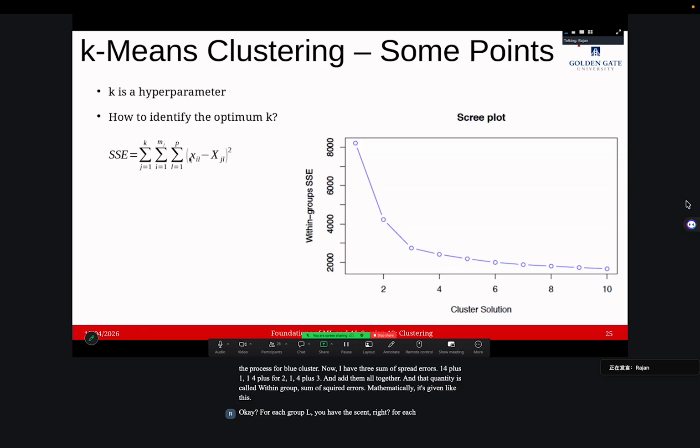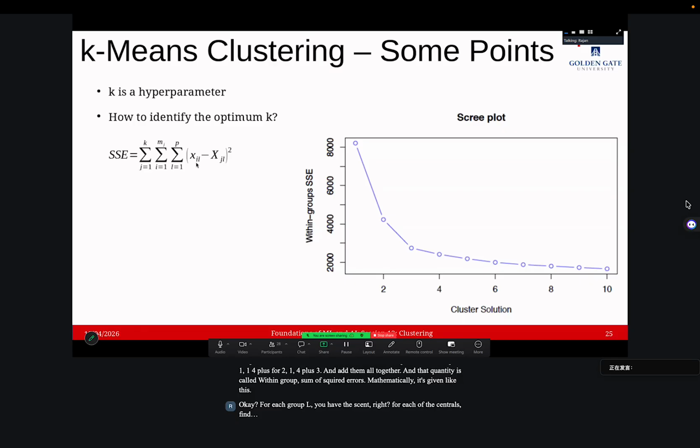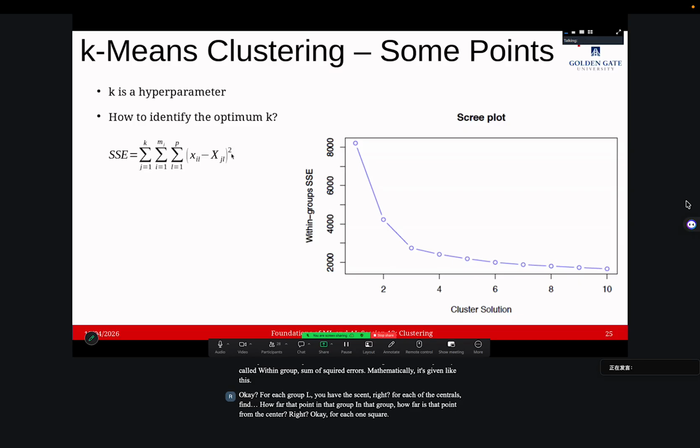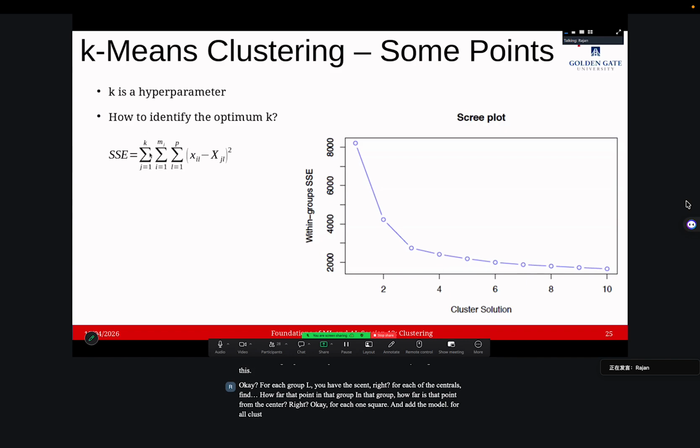For each of the centroids, find how far each point in that group is from the centroid. For each point, square and add them all for all clusters. This is the within group sum of squared error.